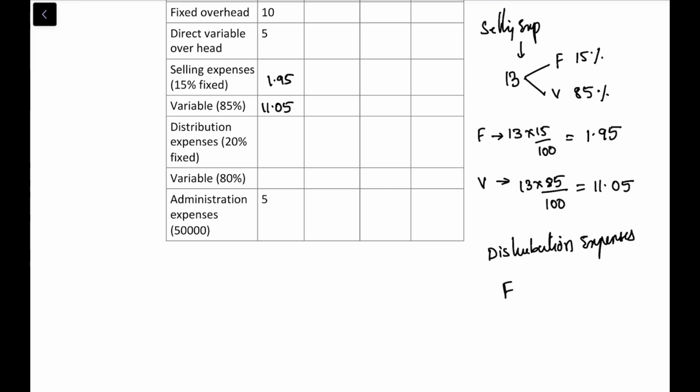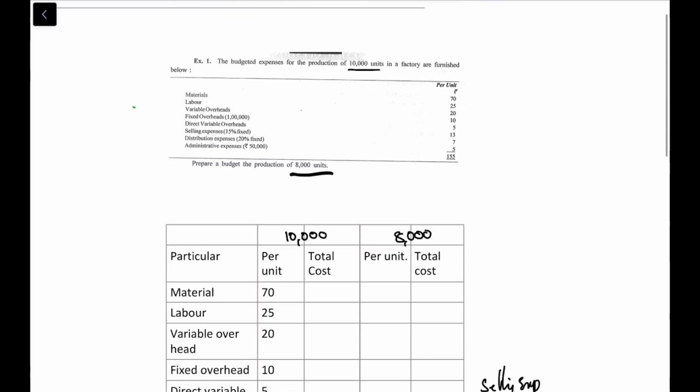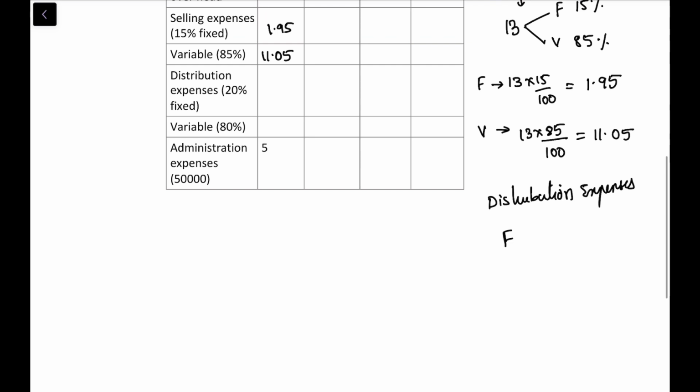Same for distribution also. Distribution expenses is given 7 rupees. So fixed 20%. Out of that 7 rupees, fixed is for 20% and 80 percentage is variable. So 7 into 20 divided by 100, you got around 1.40.